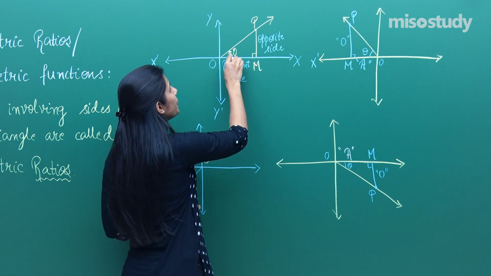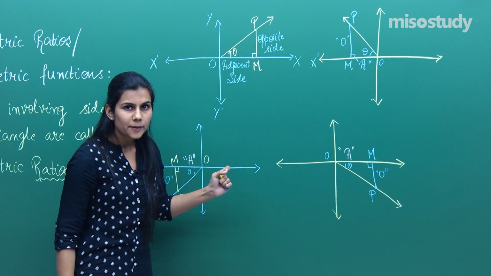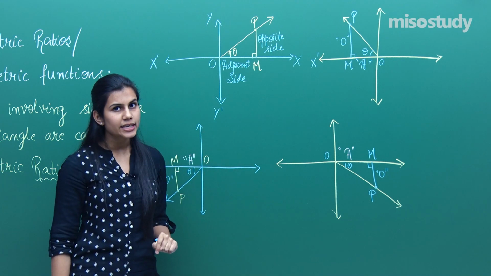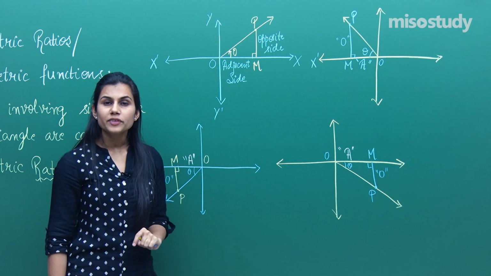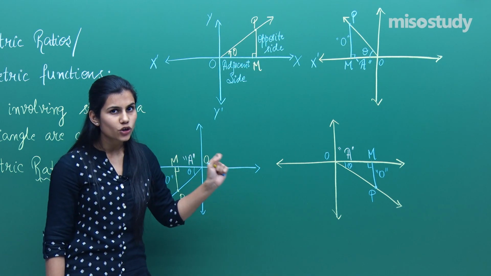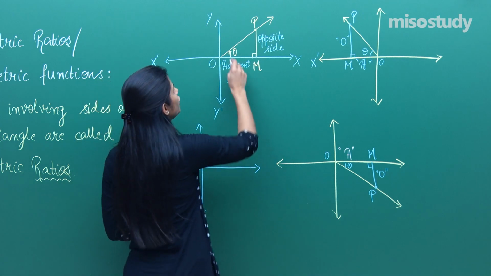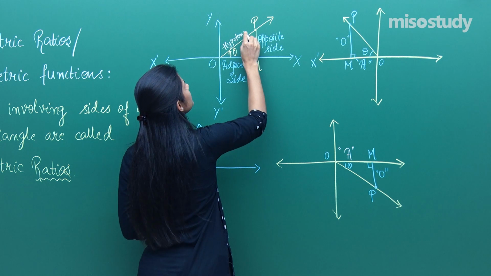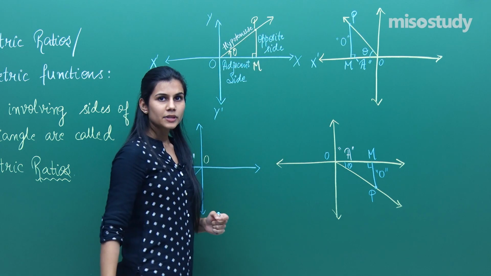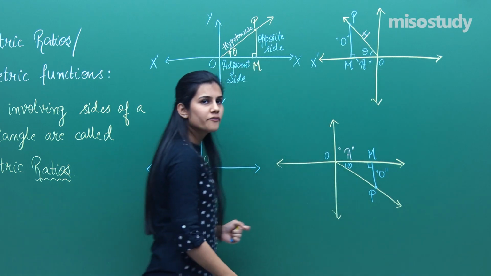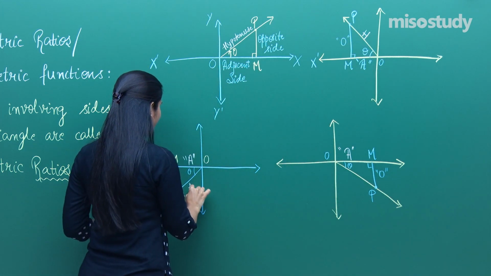That means with respect to the angle theta, we have made one side the opposite side of angle theta, one the adjacent side of the angle theta, and the third one is the largest side of this triangle. You all know what it is called. It is called the hypotenuse. This is the name of the largest side of this right triangle.